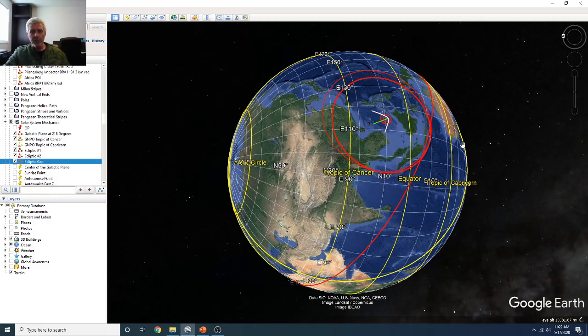This is Google Earth active right now, and we're looking at the Earth as it flies through space, and the red line here represents the solar ecliptic in relation to the Earth. And of course, here's the yellow line for the equator, the Tropic of Cancer toward the north, the Tropic of Capricorn toward the south. This is the top of the planet, bottom of the planet over here by Antarctica.